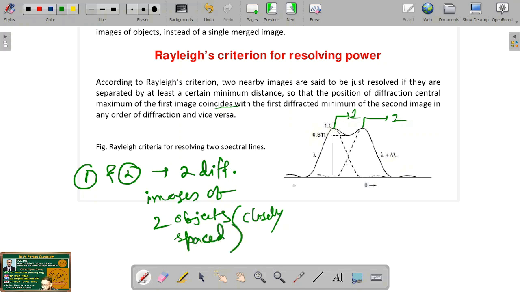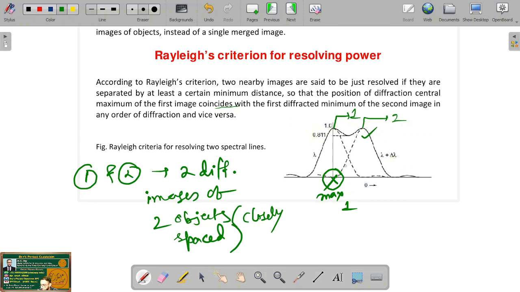Then according to Rayleigh criteria, the diffraction max of the first image, that is this position, that is max 1, coincides with the diffraction min of the second image. So this is the position of diffraction max of the first image and also the diffraction minimum of the second image.